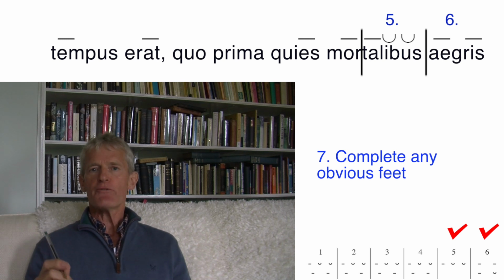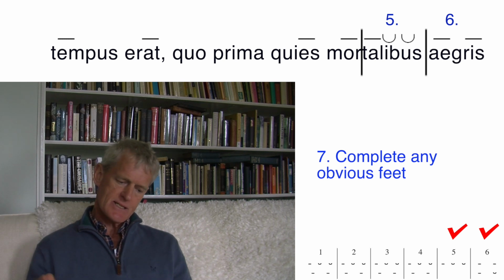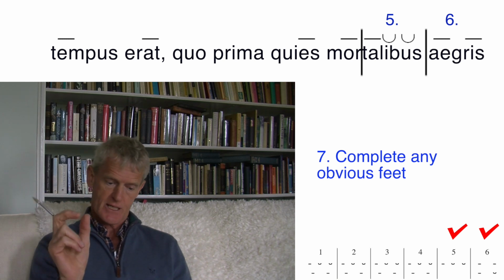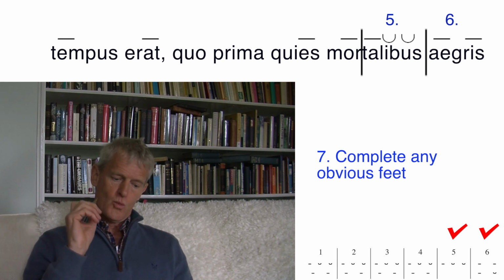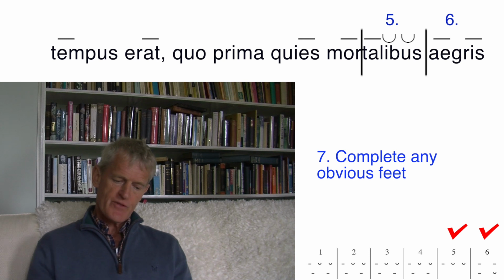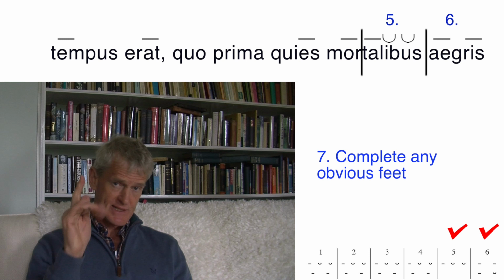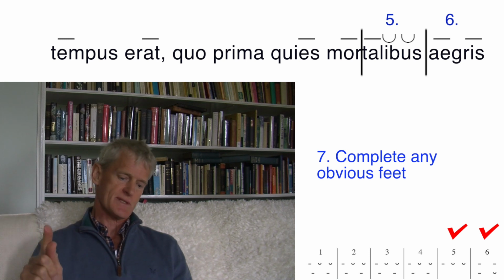Okay, now if we look at the end of this sentence, we know that the last 2 feet go da, di, di, da, da. And if we look at the word mortalibus, we know that the O of mortalibus is long. We've already marked that because it's an O followed by 2 consonants.